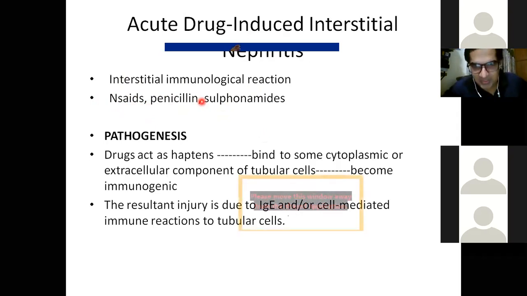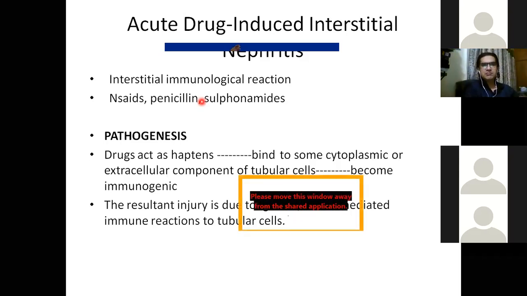Now, what is the pathogenesis? The pathogenesis is a type 1 hypersensitivity reaction. That is, these drugs are not proteins, they act as haptens. That is, they bind to some protein of the tubular epithelial cells, and then they become immunogenic.